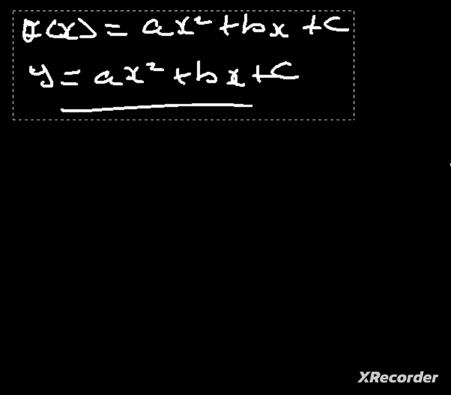So let's say we have been given the roots as well as the y-intercept. How should we be able to deduce the quadratic equation? It should be a quadratic function if that's the case.